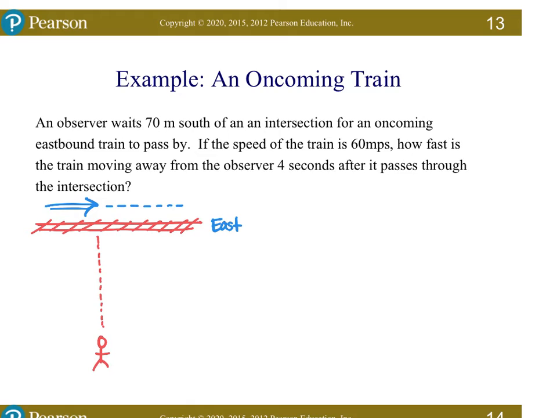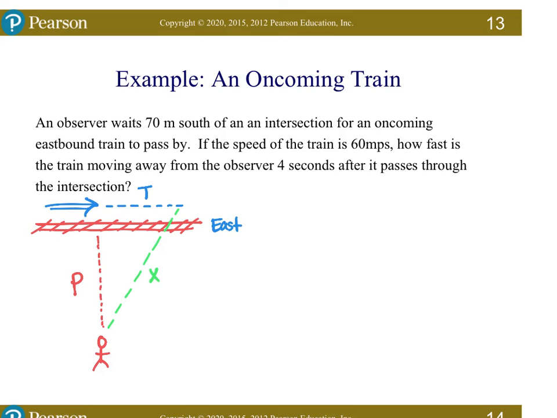So now we want the distance between this train and the observer who is watching it. So that's going to form a nice right triangle for us. So let's call that side p for the person who's standing still, remember, and then we have the t for the train, and then maybe we'll do x for the distance between them.